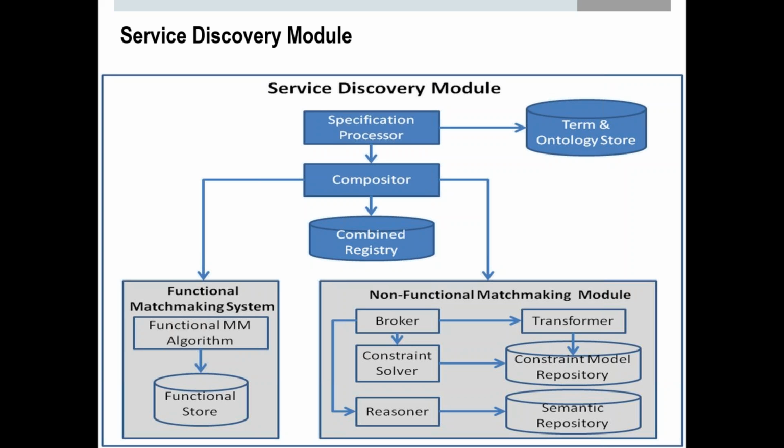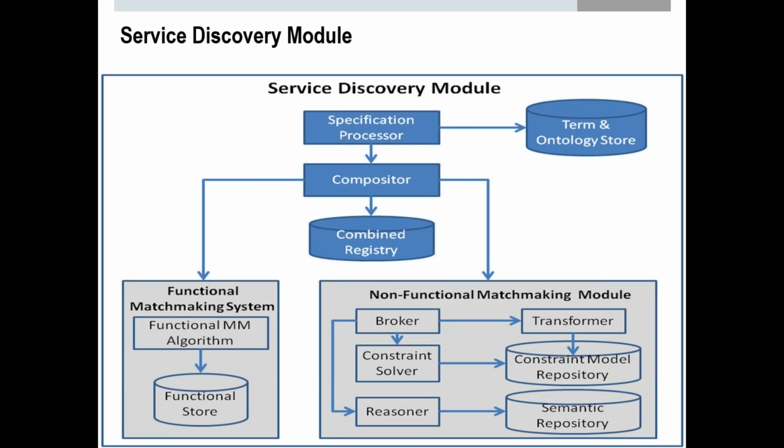This means that if we want to register a particular service advertisement, and the functional part has been successfully registered, but the non-functional one has not, then we can revert back to the previous system situation by unregistering the functional part of the advertisement.